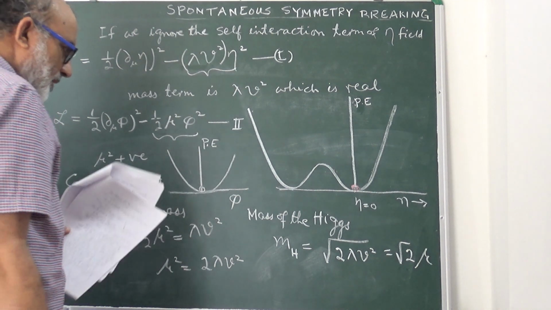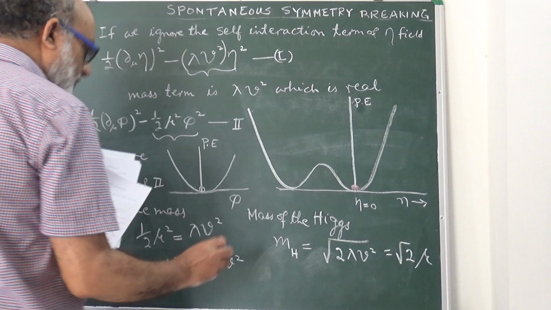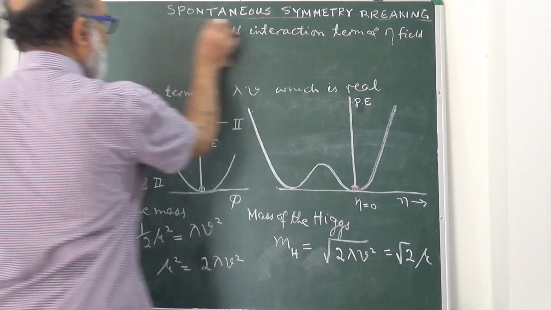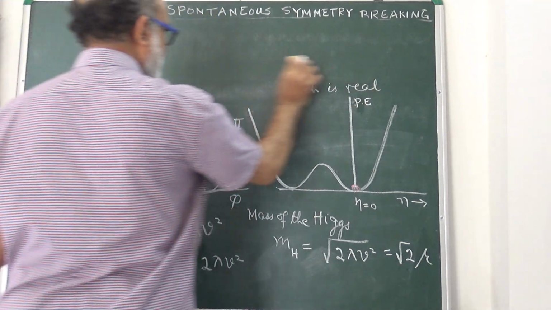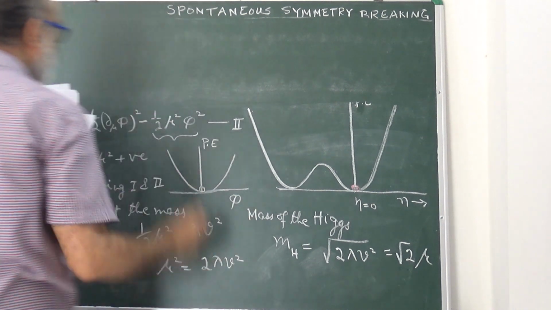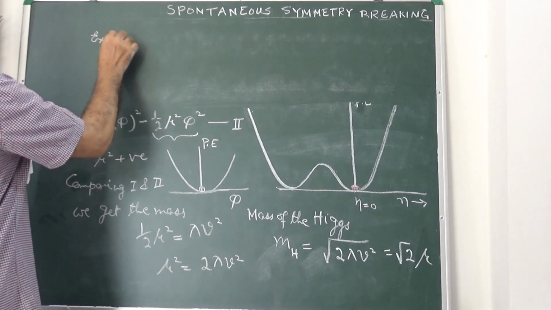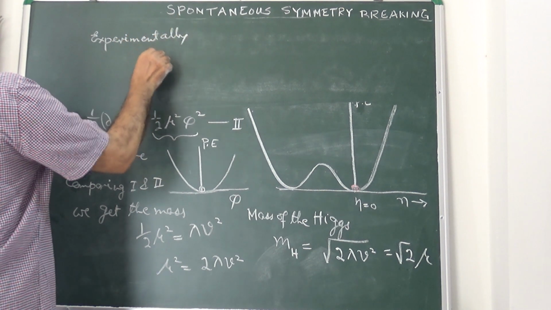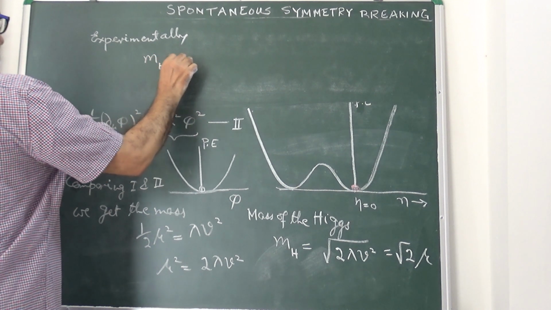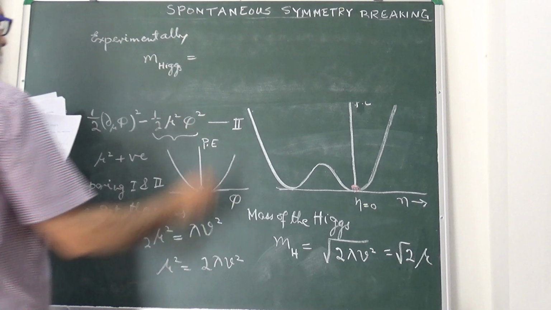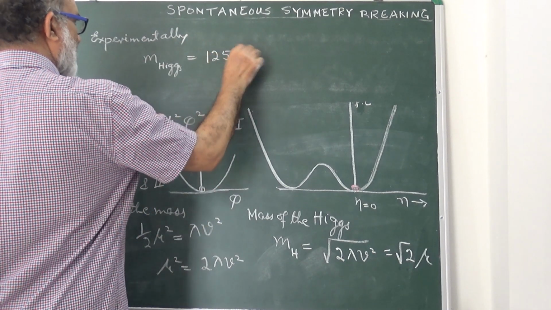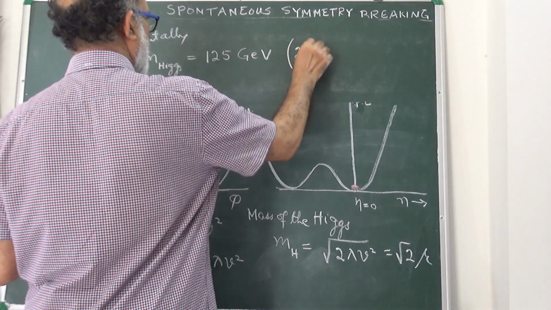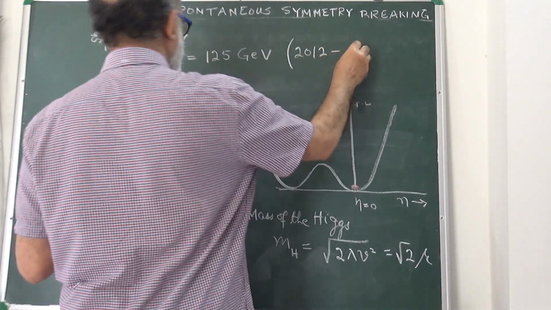From the experiment, we found that the mass of the Higgs experimentally comes out to be 125 GeV from the 2012 experiments at CERN.